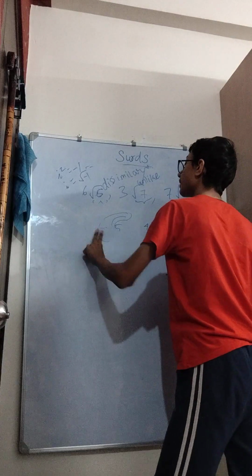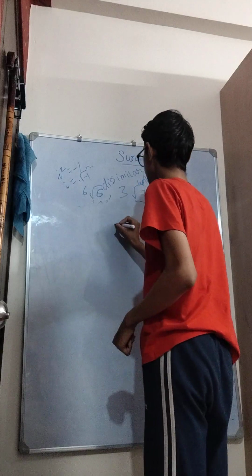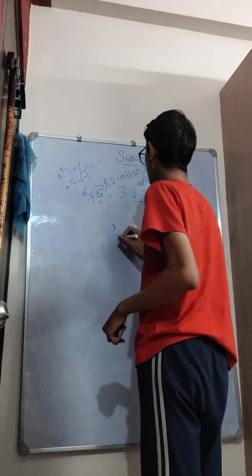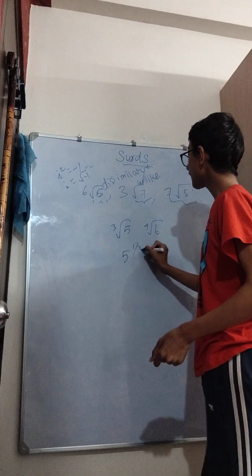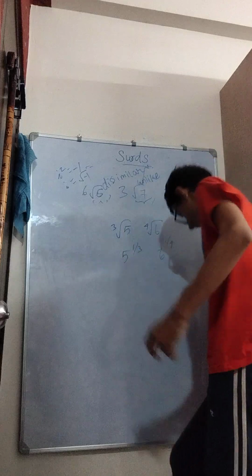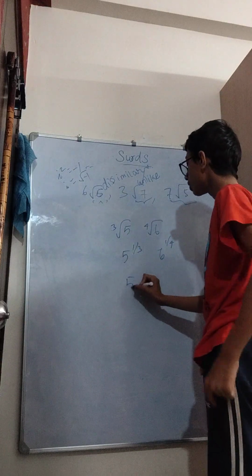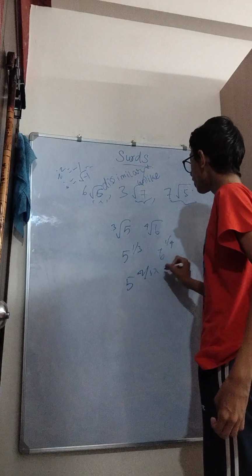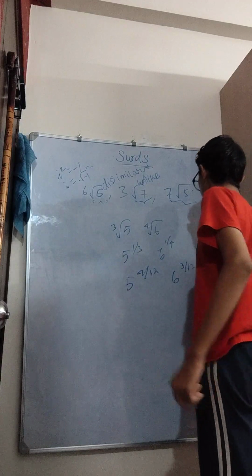If you don't understand that, I'll make you understand more easily. The third root: 5 power 1 by 3 and 6 power 1 by 4. Now I want to make the same denominator here. So it becomes 5 power 4 by 12 and 6 power 3 by 12.